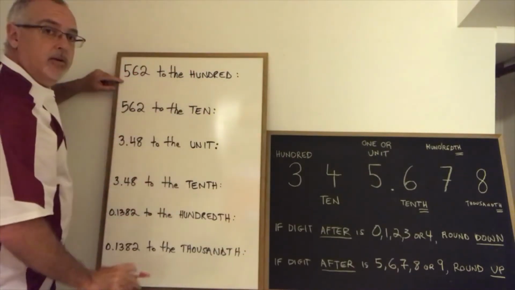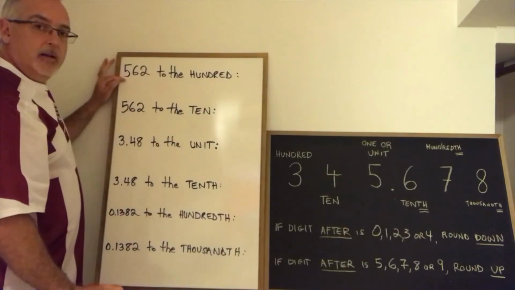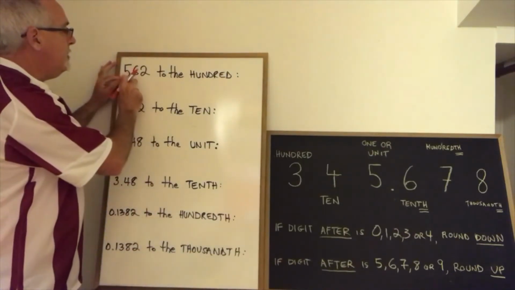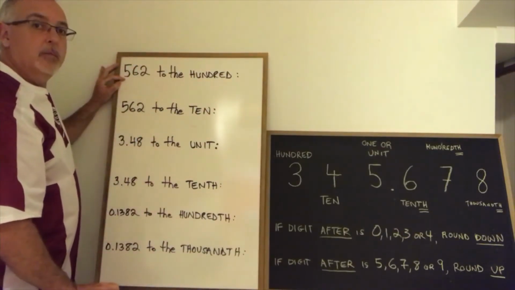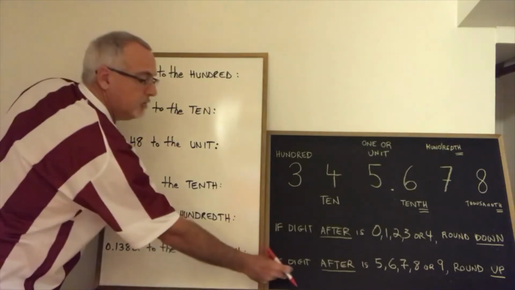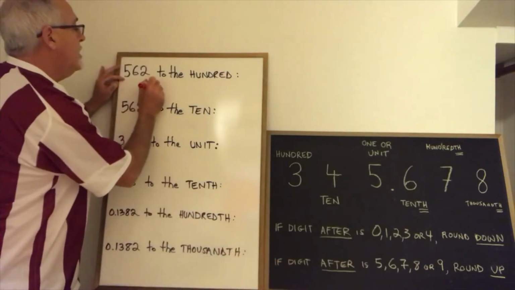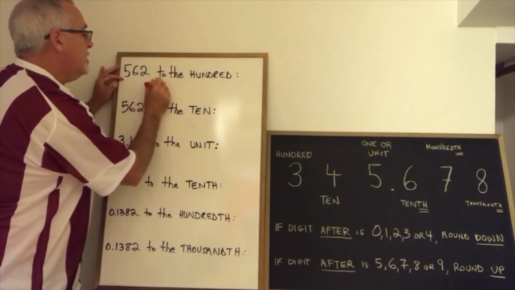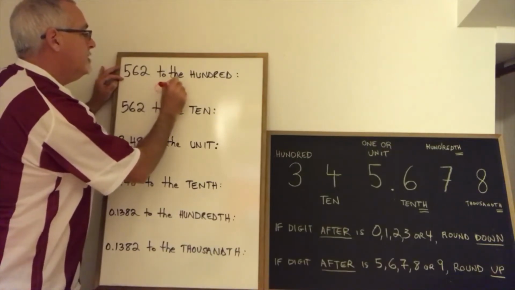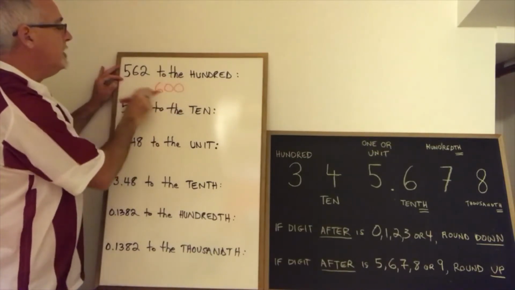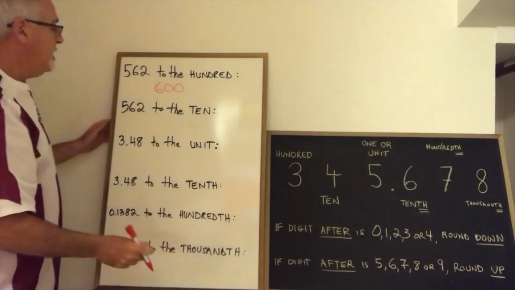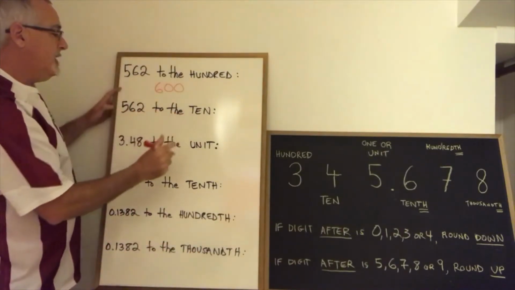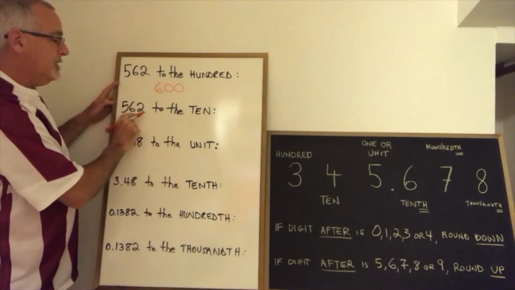562 to the nearest hundred. The 5 is in the hundreds position, and the number after it is a 6. So I'm going to round up because of this rule, and therefore 562 to the nearest hundred is 600. Notice that 5 gets bumped up to a 6. 562 to the 10 is where the 6 is.